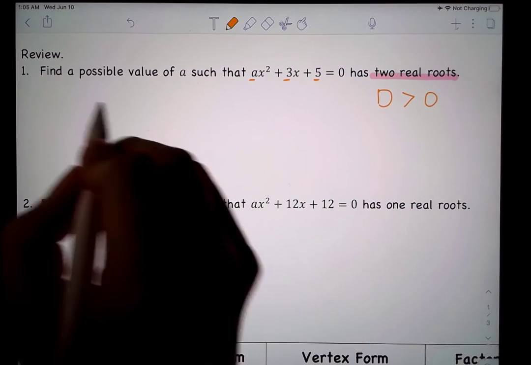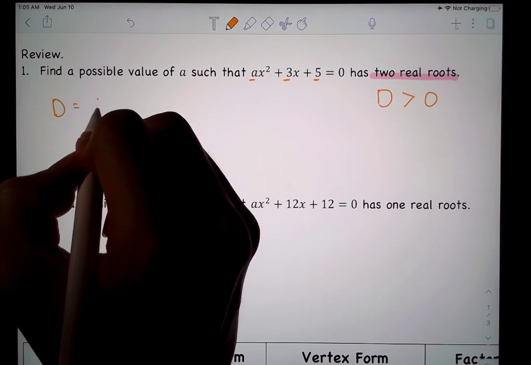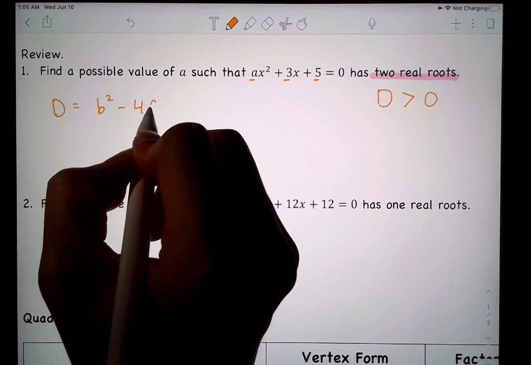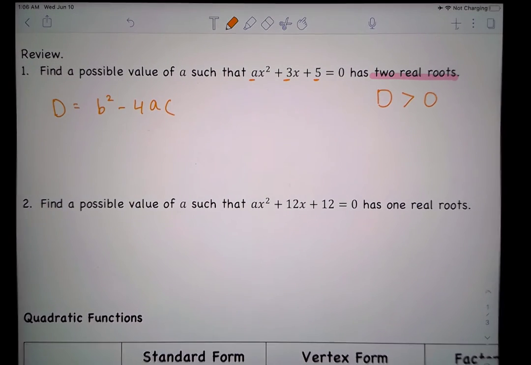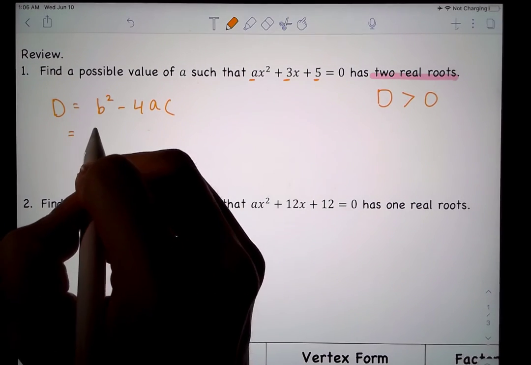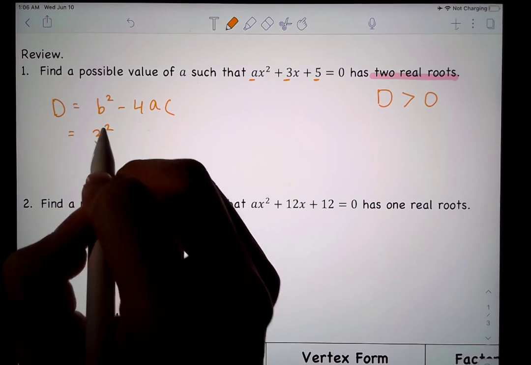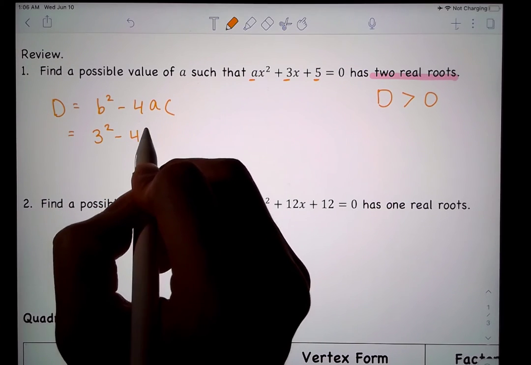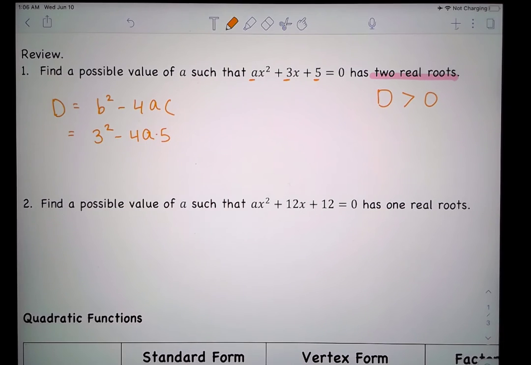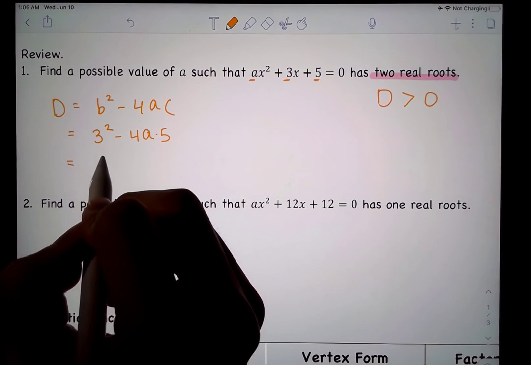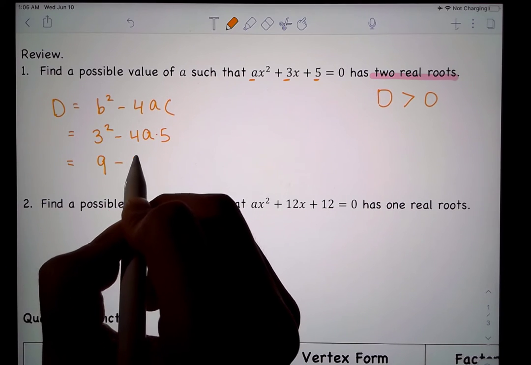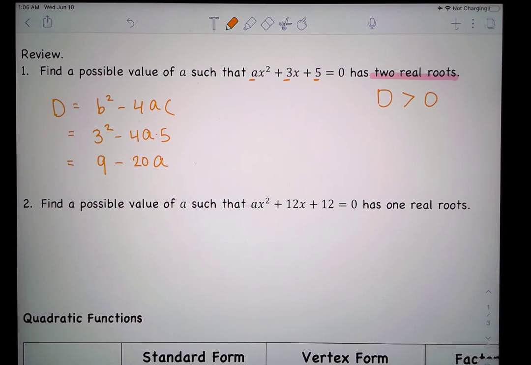So my discriminant is b squared minus 4ac, right? So b is 3, so 3 squared minus 4ac, right? So I just put the numbers in, then you get 9 minus 20a, right?